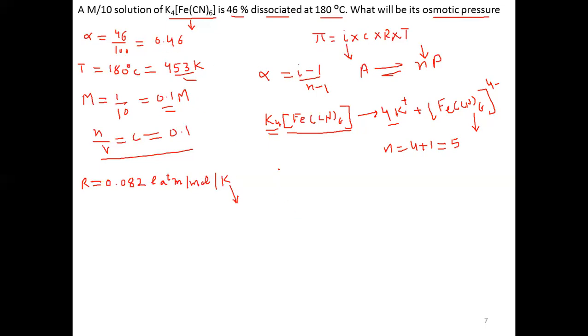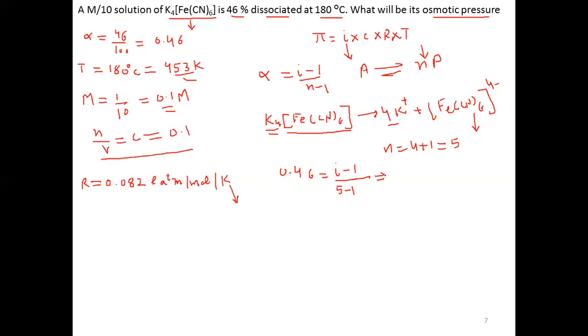So alpha is 0.46. 46% means 46 divided by 100. So 0.46 is equal to (iota minus 1) divided by (5 minus 1).